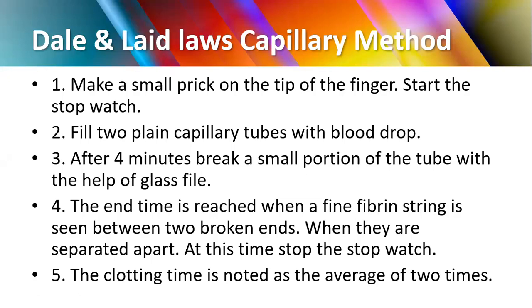Start the stopwatch immediately when you puncture the finger. Fill two plain capillary tubes with the blood drop. After starting the stopwatch, fill the two capillary tubes with the blood coming out from the tip of the finger.